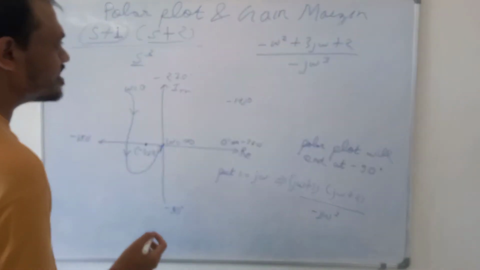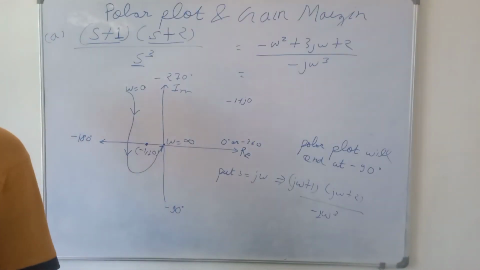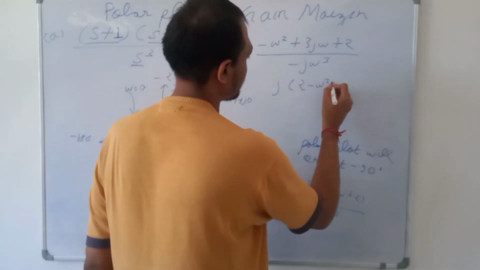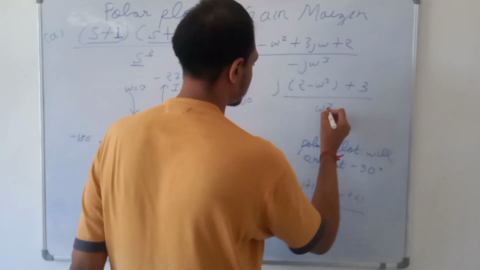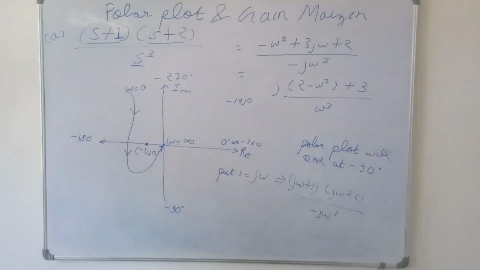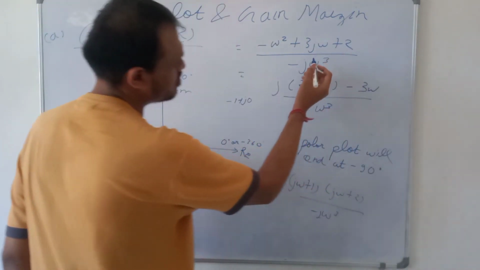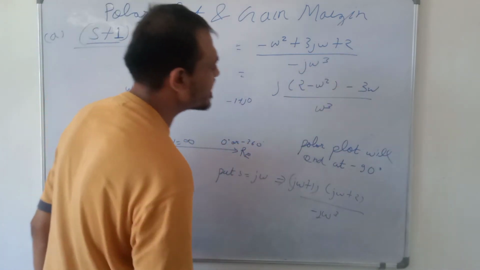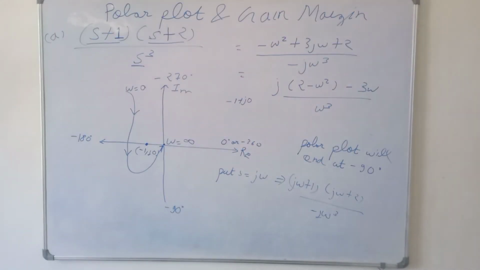So if you separate the j terms, then you get j times (2 minus omega square) plus 3 upon omega cube, plus minus 3 omega. Because if you separate these two terms, then j and j will cancel and omega will cancel. So this is how we separate the j terms and the omega terms.